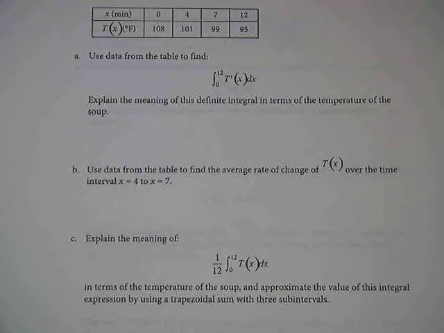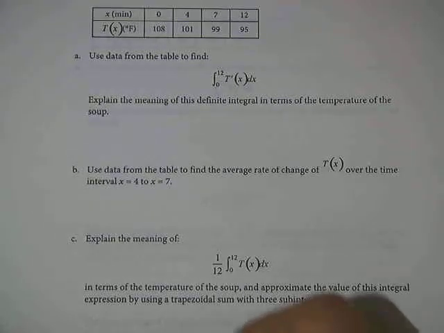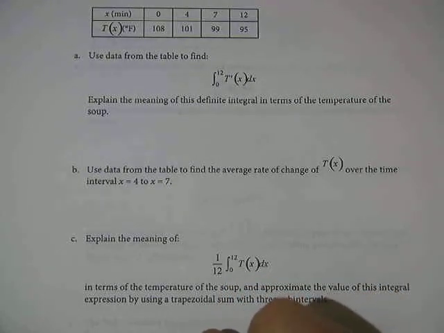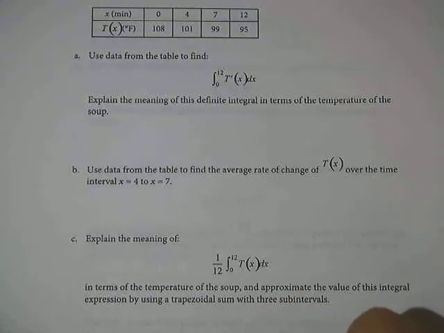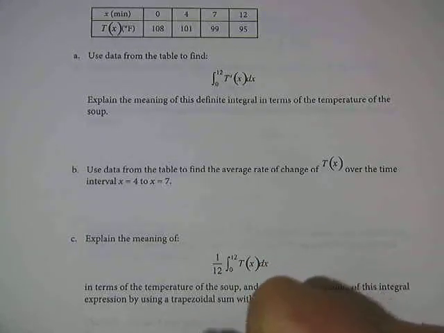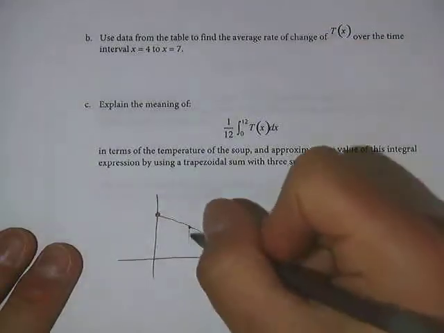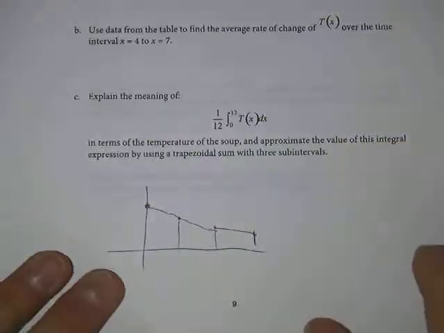And to find the value of that, we can use our trapezoidal rule here. What do you notice about the interval up there, though, if I go 0, 4, 7, and 12? It's not uniform, so we can't use our normal h over 2 method. So what do we do instead? Just draw the trapezoids.